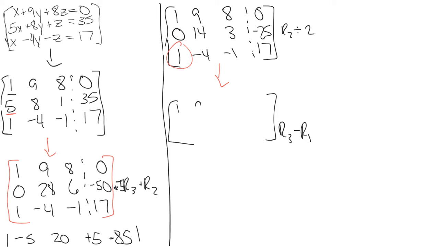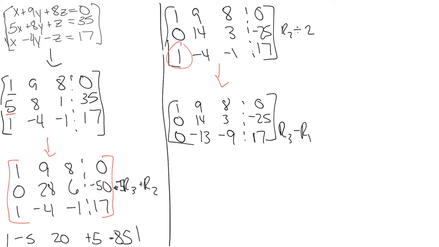So my row 1 and 2 are staying the same. And then row 3 minus row 1, so that's a 0, negative 13, negative 9, and 17. Whoops, that's really weird, 17.